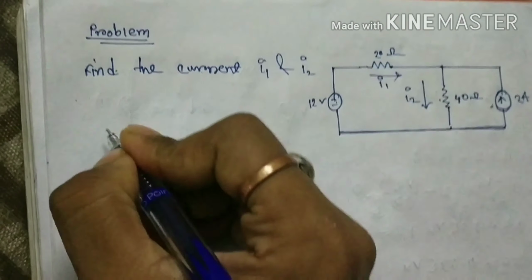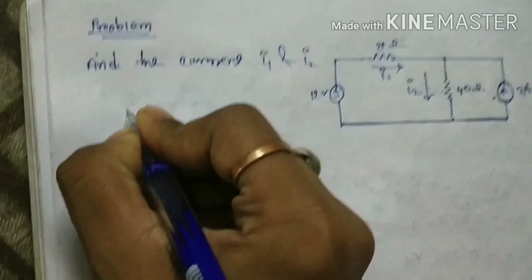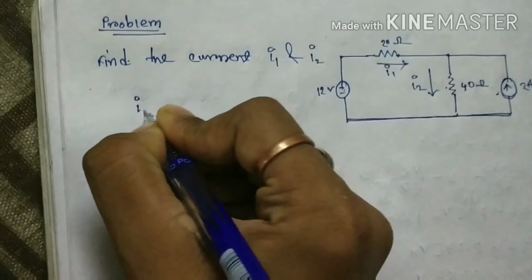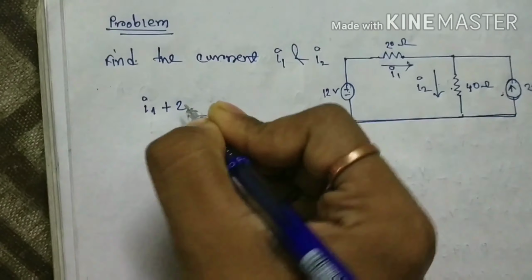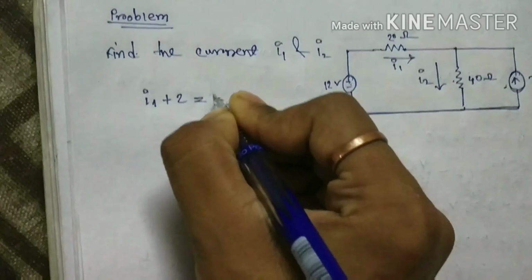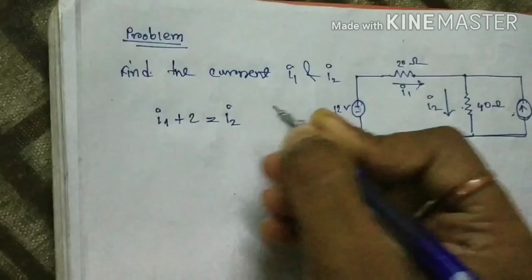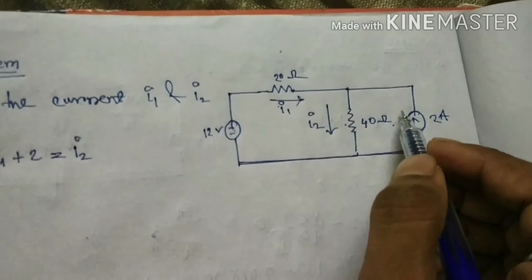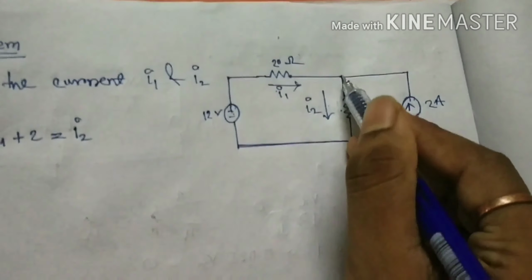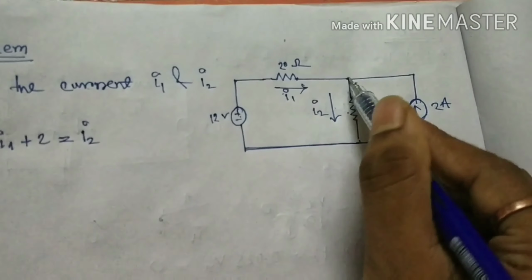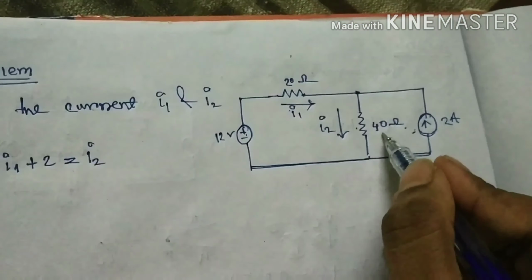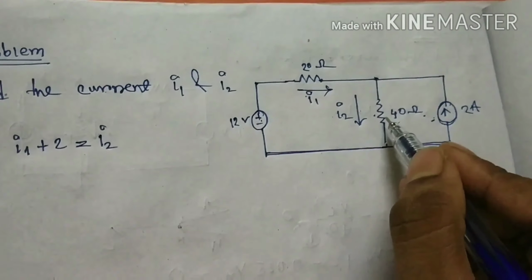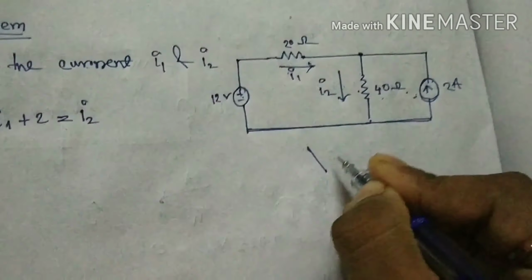So applying KCL law, we can say that I1 plus 2 ampere current will be equal to I2. You can see now I1 and this 2 ampere current are entering that point. We can assume this is the node point, and I2 current is leaving from the node.